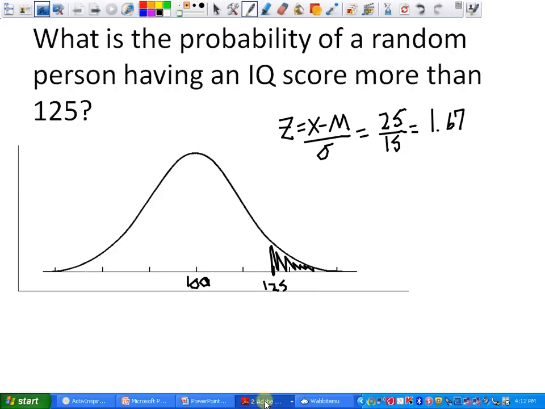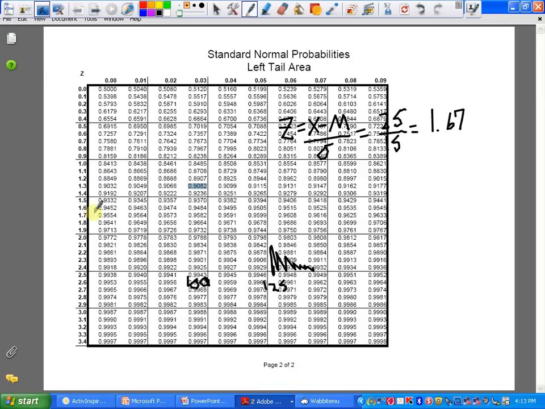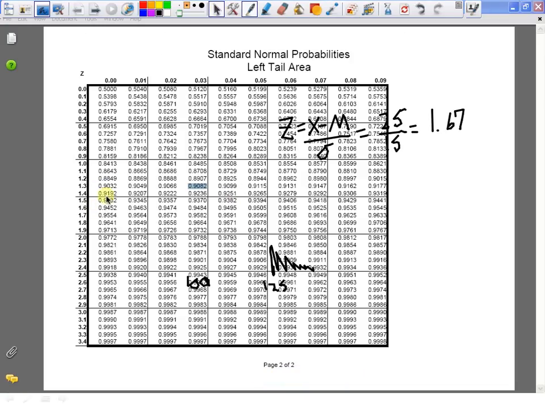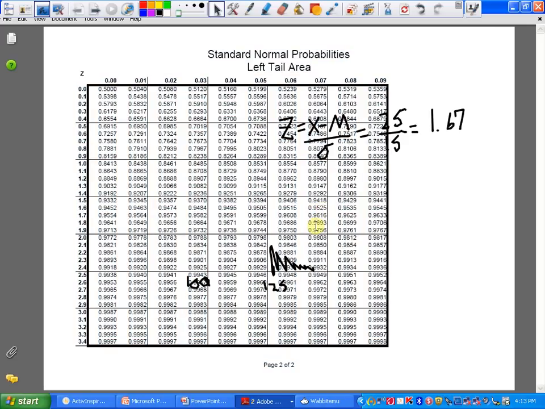So let's look at a table. Again, I'm looking for positive z-scores. I'm looking for 1.67. Which is right here. 1.67, 0.9525. Now again, that's the probability to the left.